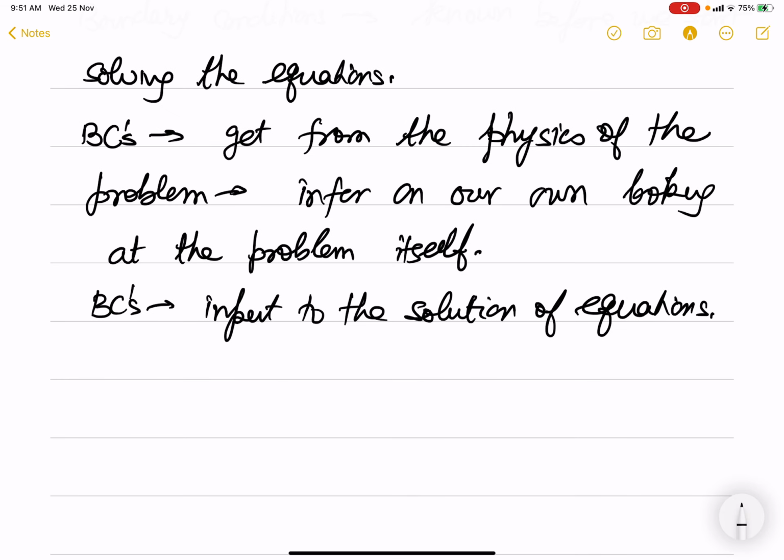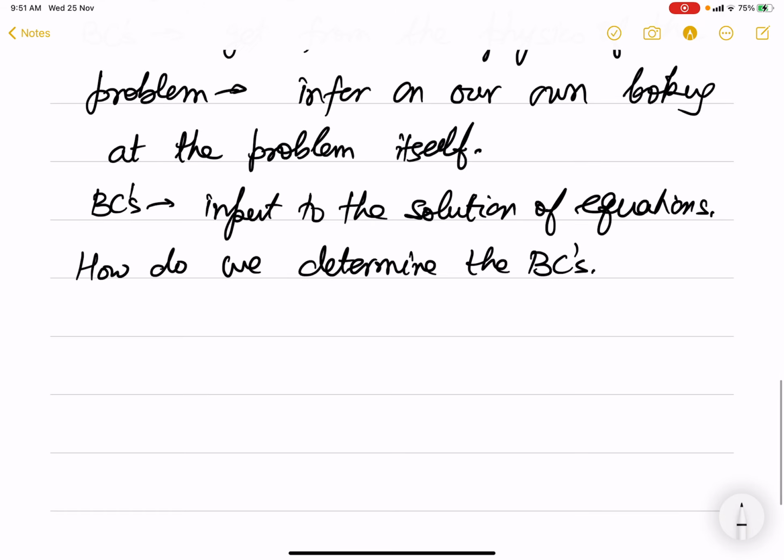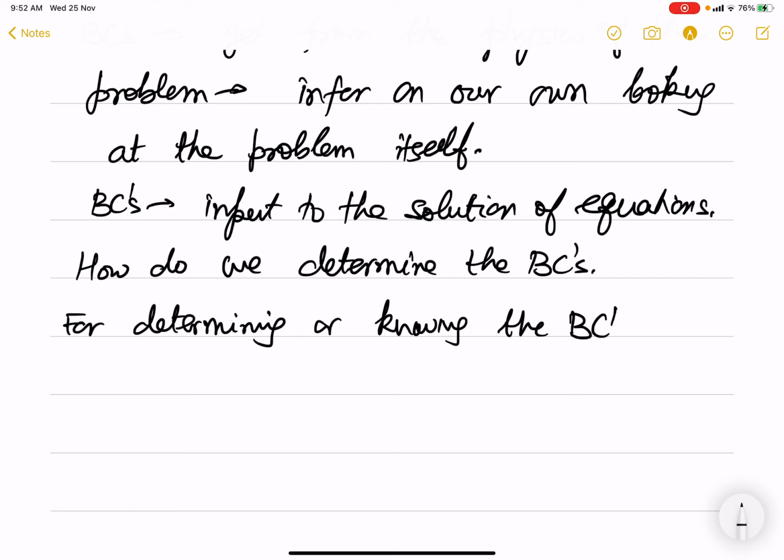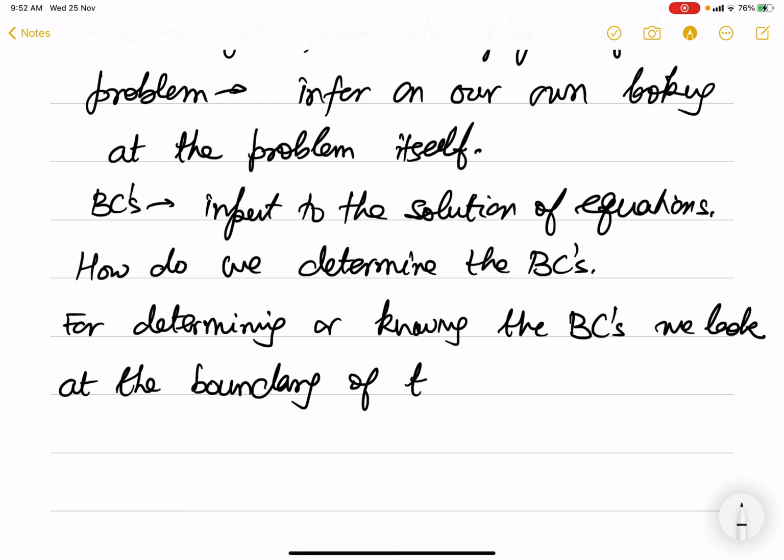Now, the question comes, how do we determine the boundary conditions? And clearly, as the name says, for determining or knowing the boundary conditions, we look at the boundary of the flow domain.